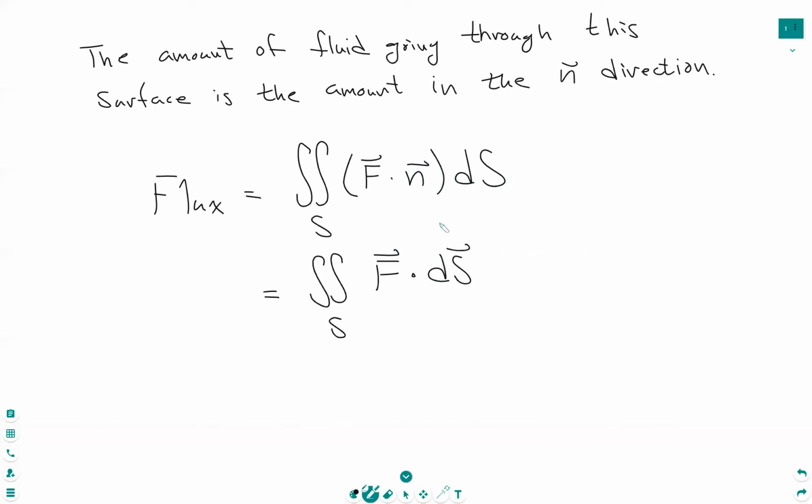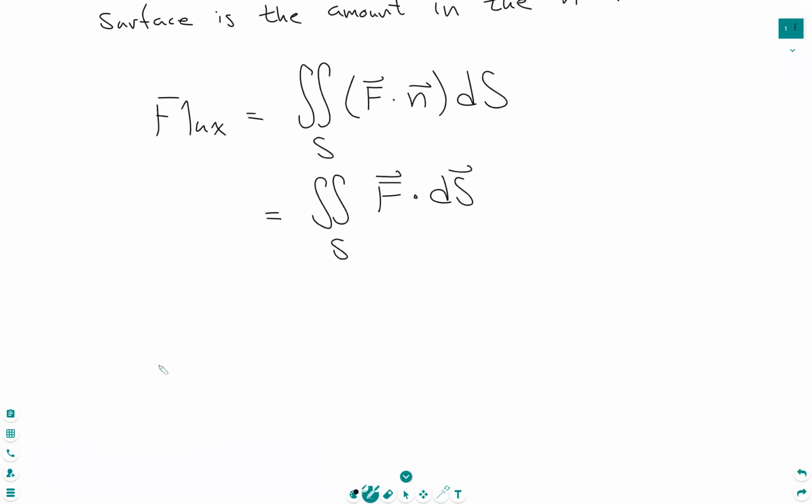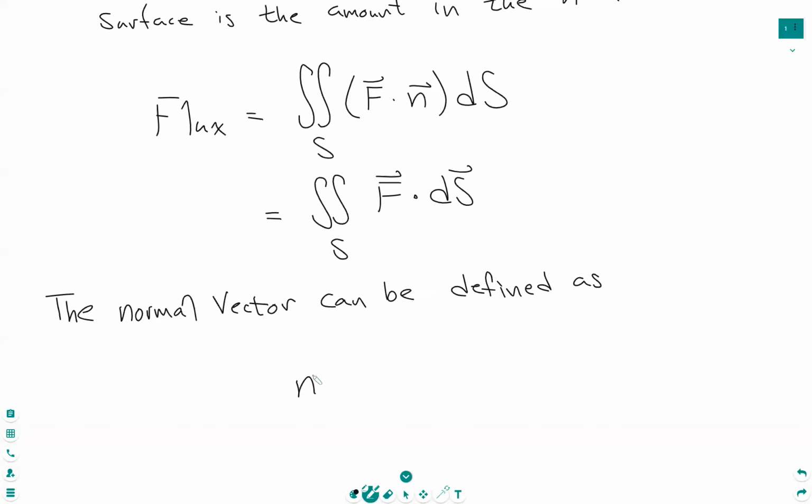Okay, so now how do I actually do this out? How do I find this normal vector? How do I start doing this dot product? Well, the normal vector can be defined as, so we're actually going to use it as a unit vector.